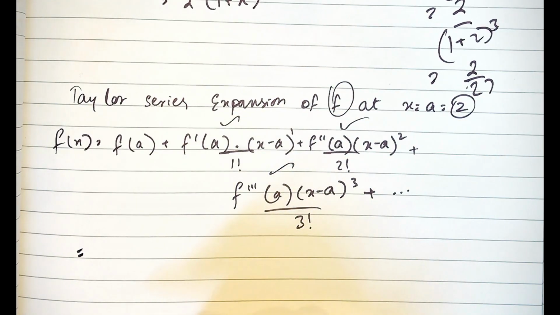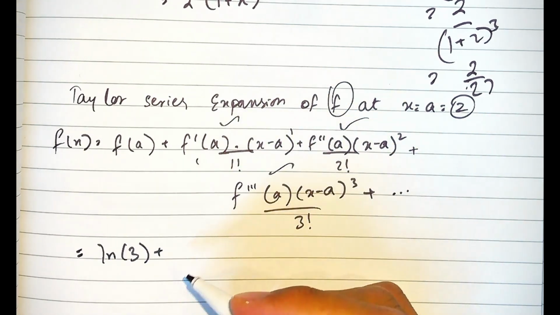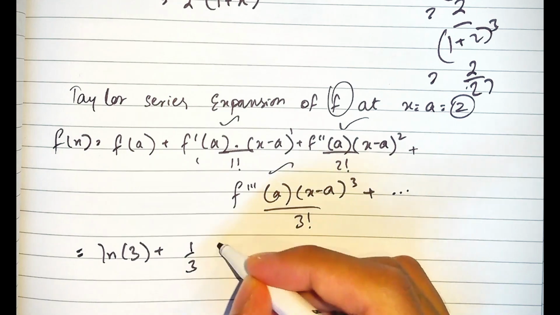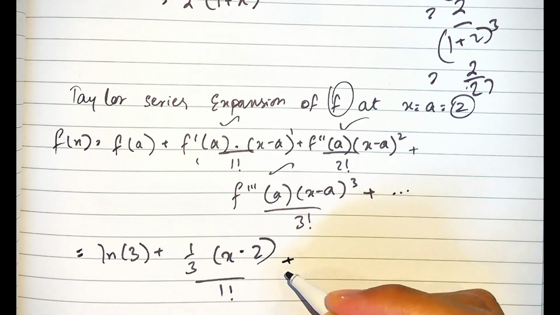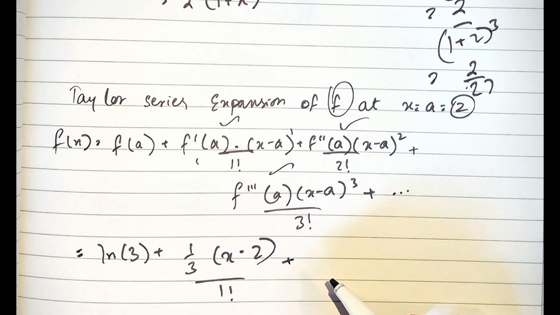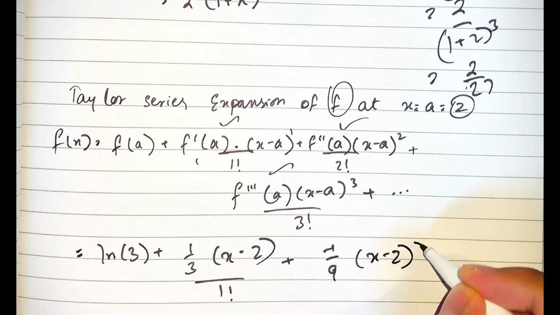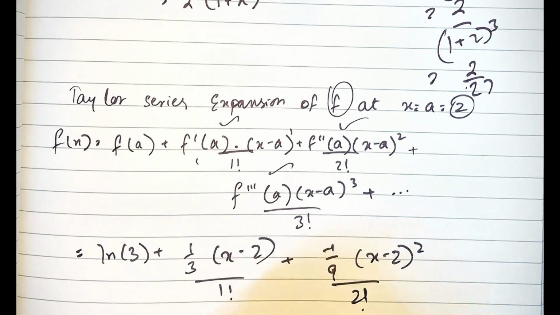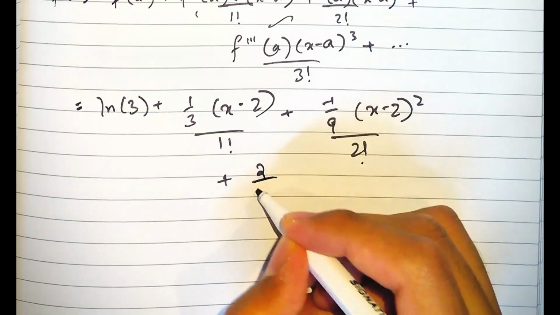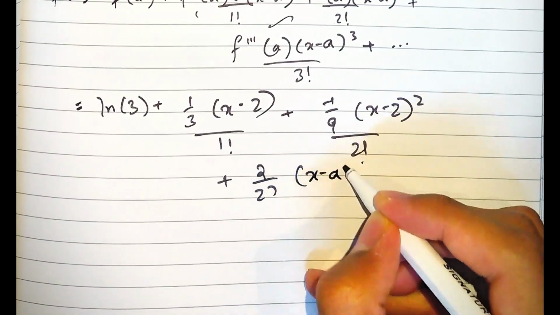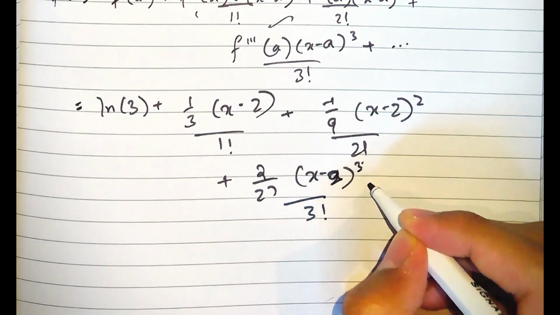The actual function was log of 3, plus the first derivative 1 divided by 3 times (x minus a) divided by first factorial, plus the second derivative at 2, negative 1 divided by 9, times (x minus 2) squared divided by 2 factorial, plus the third derivative at 2, 2 divided by 27, times (x minus 2) cubed divided by third factorial, and this goes on.